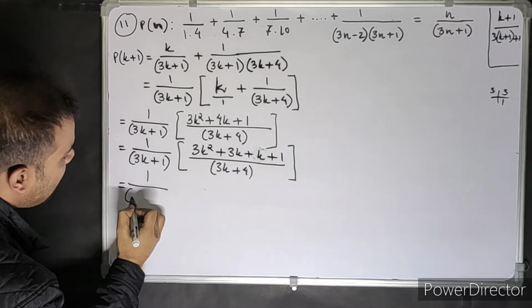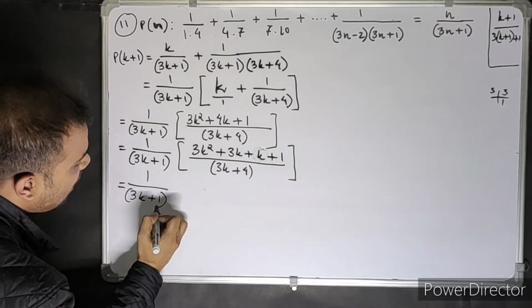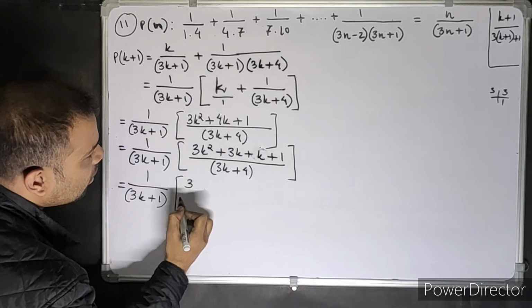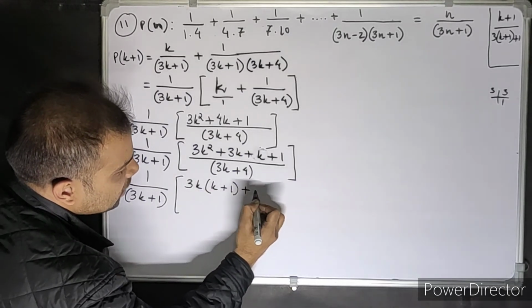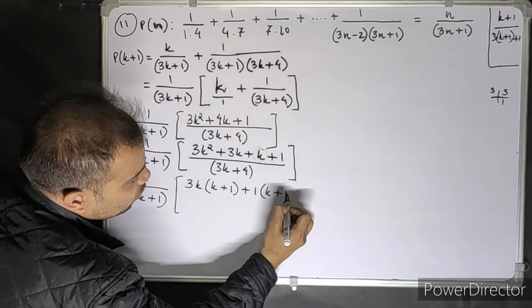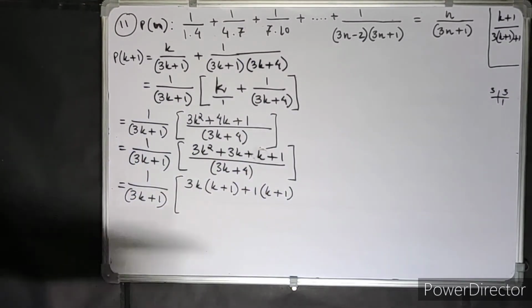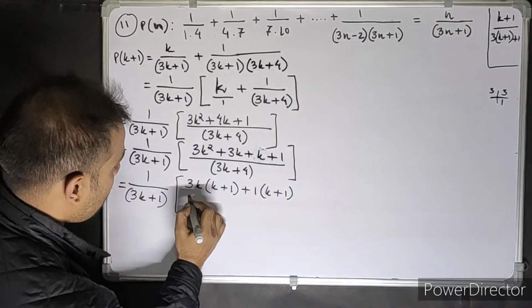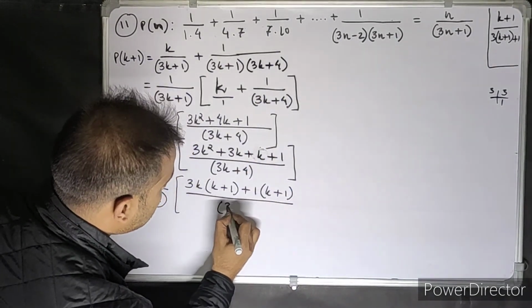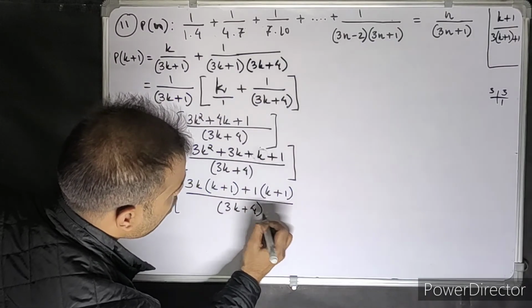1 divided by 3k plus 1 bracket, 3k common, that is k plus 1, plus 1 common, k plus 1. Nothing is common except for 1. If you multiply 1 with both, it will become the same thing. Then you're left with 3k plus 4.